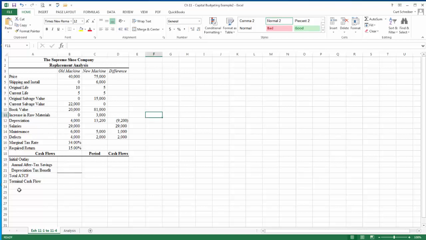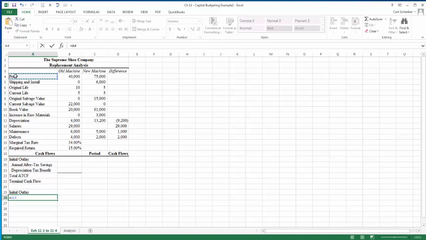First off, we have the initial outlay. I think rather than working through this the way our author does, let's go ahead and calculate this in a different way. Let's say initial outlay. And the initial outlay is going to be equal to the price of the machine. I'm going to indent that just a little bit, and let's copy that over.